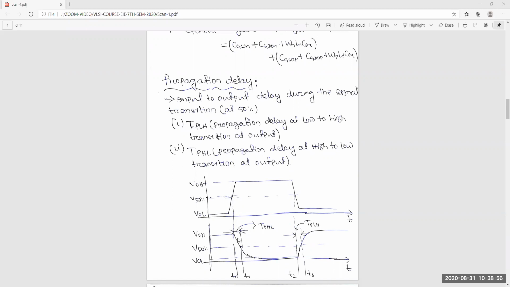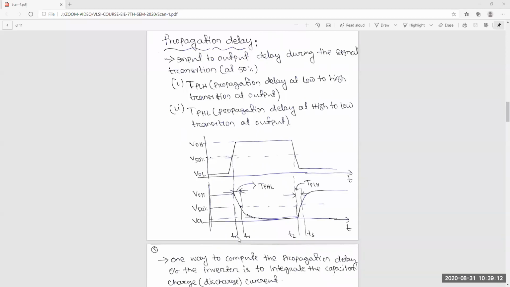This is the propagation delay at high to low, generally called TPHL, propagation delay from high to low transition. Suppose this is T0 and this is T1. So T1 minus T0 is your propagation delay when the transition is from high to low.